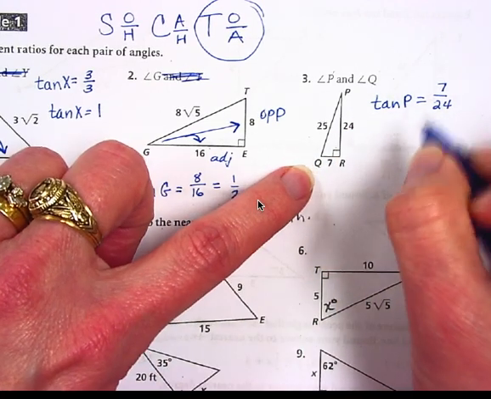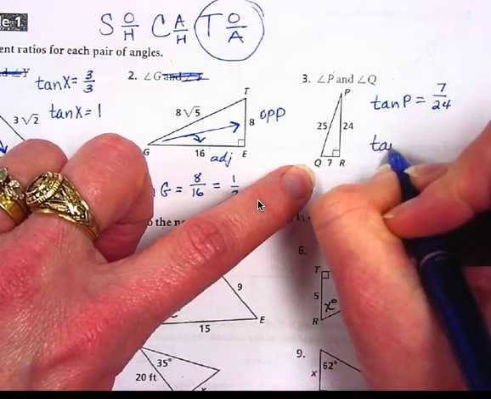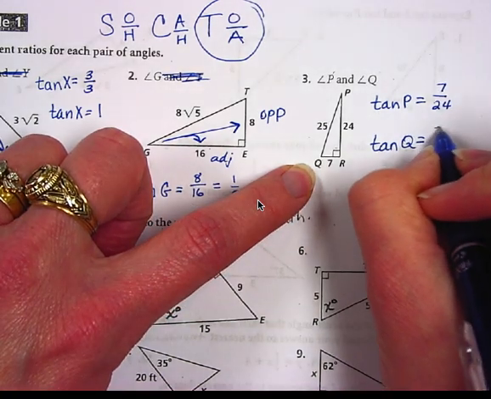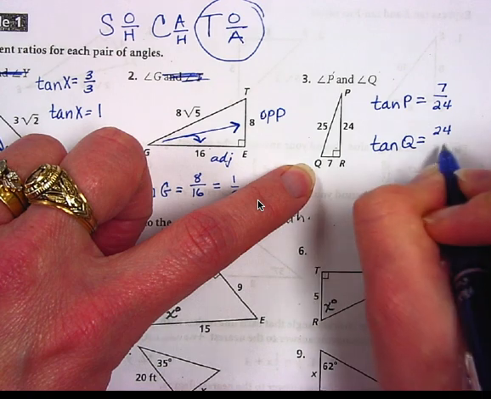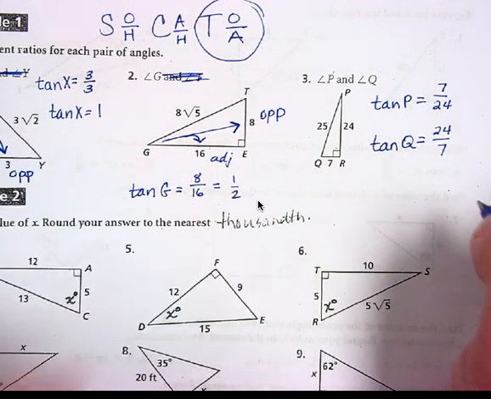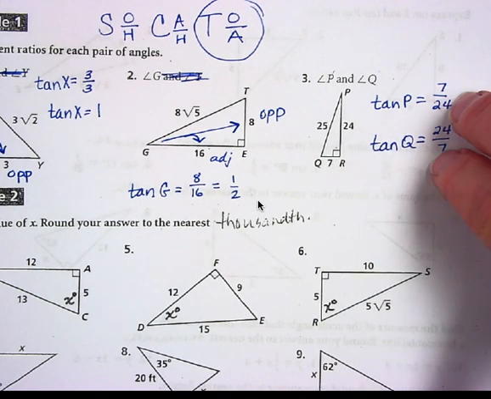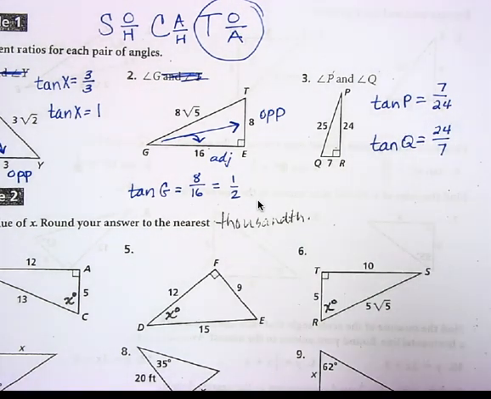All right, now we're looking from the perspective of Q. So tangent of Q is opposite, which is what? 24, over adjacent, which is what? 7. Okay, they will always do that. They're always going to be the reciprocal of each other in a particular triangle like this when we're looking at the angles that are across from each other. There's only 3 numbers, okay? You can't have too much variety. So when you are looking at that, you don't need to memorize it, but it's something that you should know to be true.